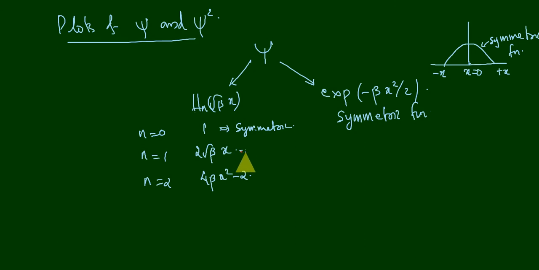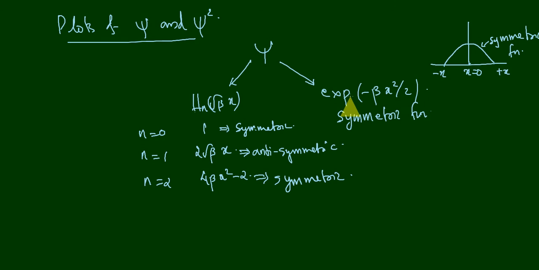So this function is antisymmetric. And what about this one? Here x is in the form of x square. Since it is x square, it is again symmetric.